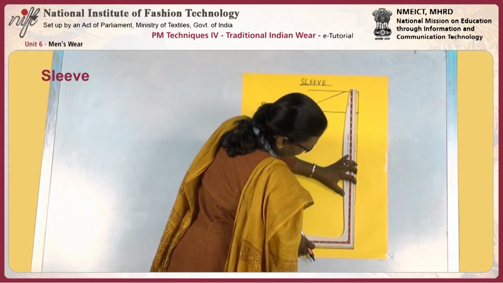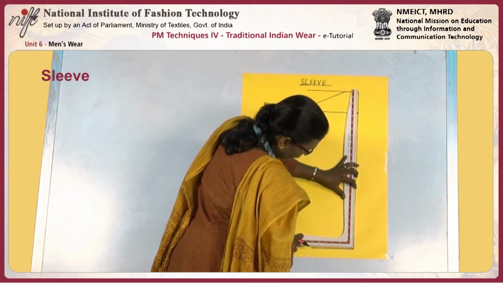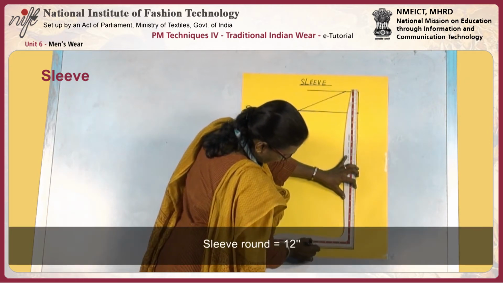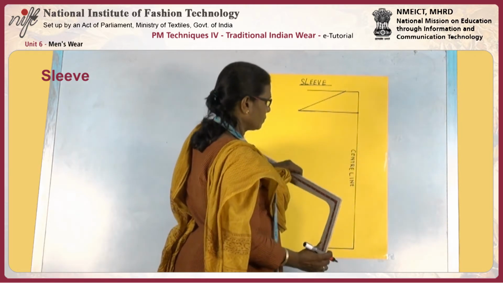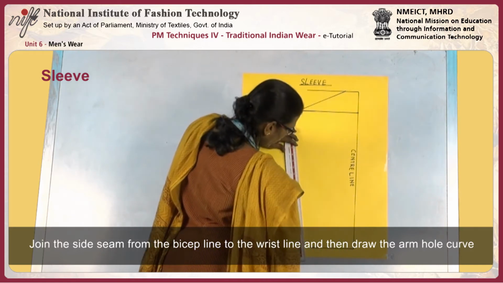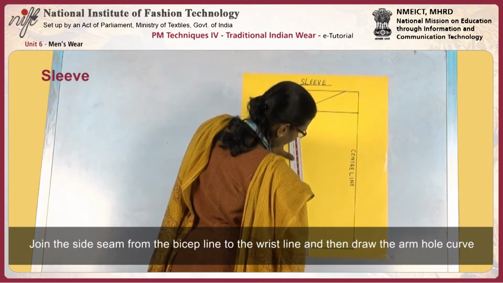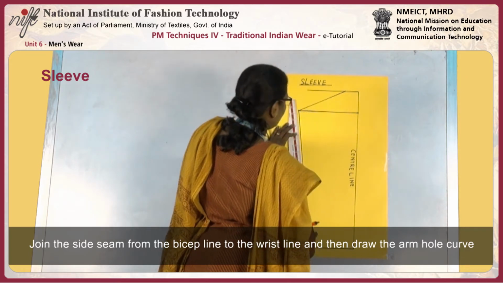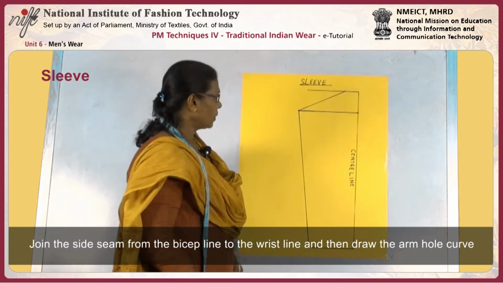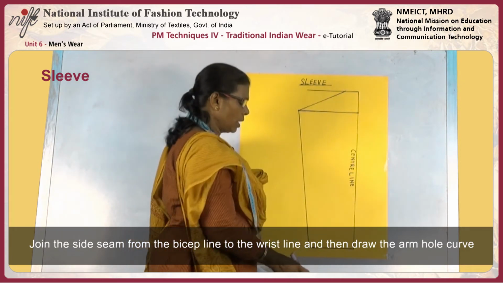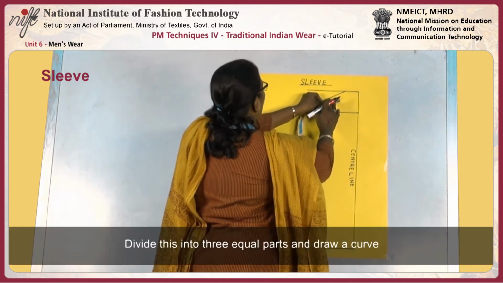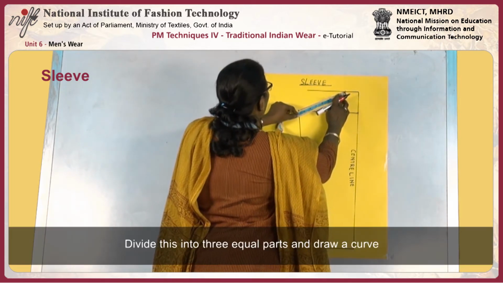The bottom round is 12 inches. We should mark half bottom 12 plus seam allowance and join the side seam from the bicep line to the wrist line, and then we should draw the armhole curve. Divide this into 3 equal parts.